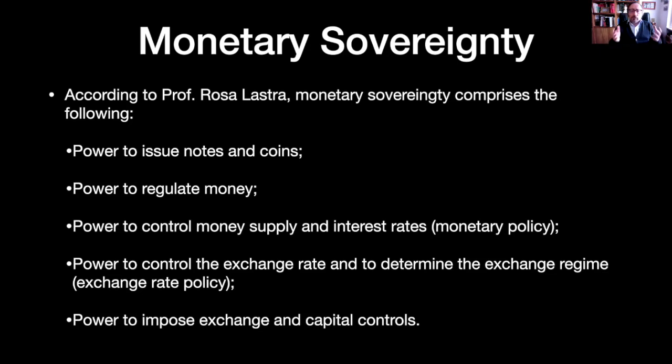Whenever you have a typical monetary transaction, you're going to buy, say, a computer from China. Well, you have to pay the Chinese supplier in a currency that they will accept. Probably they will not accept euros, so you have to exchange euros into another currency that would be accepted by this Chinese seller.